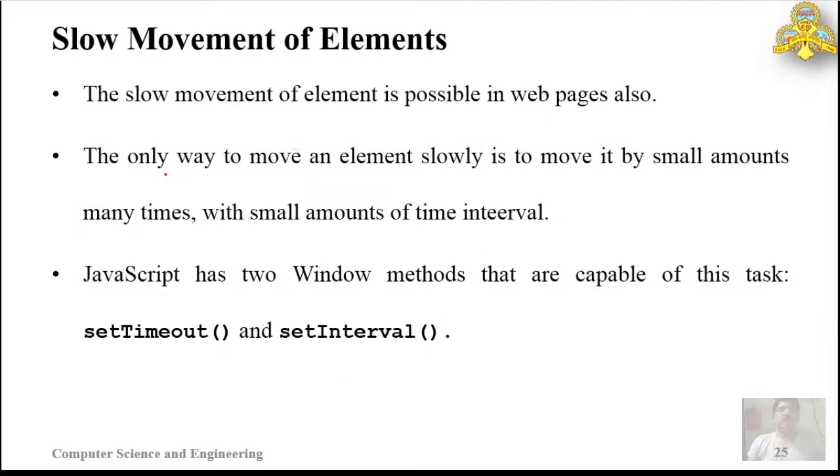This movement can be done by changing the left, top, right or bottom properties of the elements, and these are incremented or decremented by small amounts many times with small time intervals. For that, JavaScript provides two functions, that is setTimeout and setInterval.